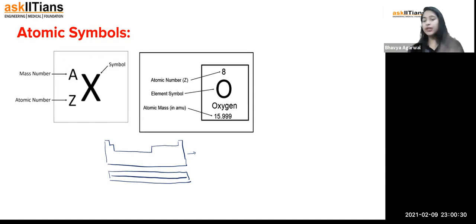So this periodic table covers all those 118 elements, but now more have been found. The elements already inserted in this periodic table are represented in this form, where we write the symbol of that element first.